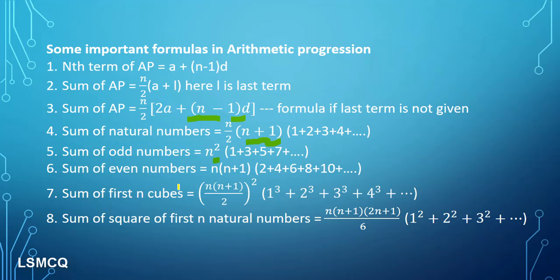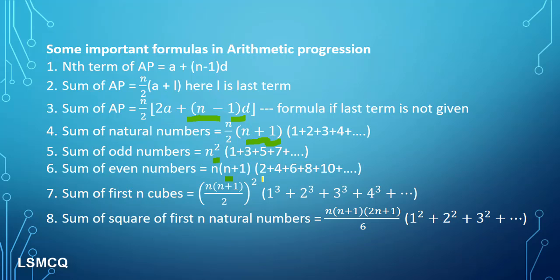Okay, now let's go to another formula. Sum of even numbers. The sum of even numbers formula is n into n plus 1. This formula is used to calculate the sum of the first n even natural numbers.